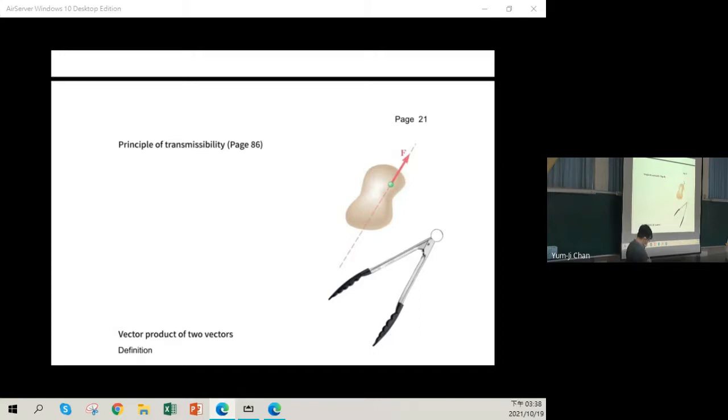Now, if we move the force backwards to here, we can see that the effect would be the same.